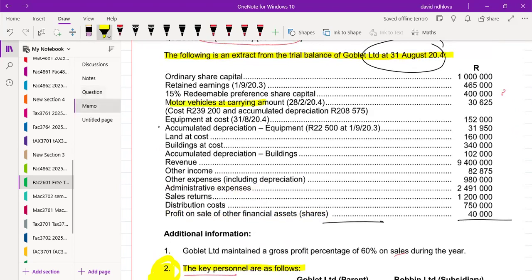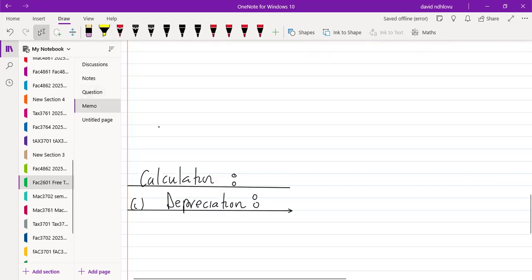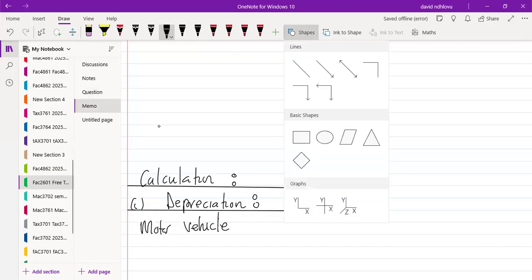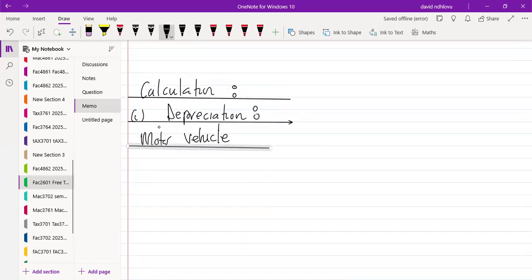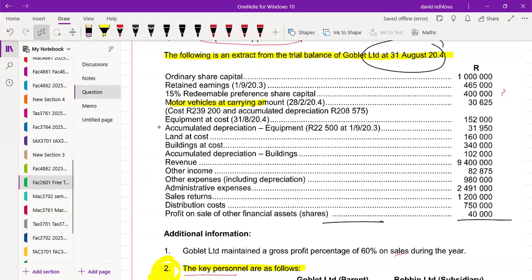So I'm going to calculate first for the motor vehicle. I don't think we'll finish the calculation here, it's a bit long, but we can finish for the motor vehicle. We've got 9 minutes.